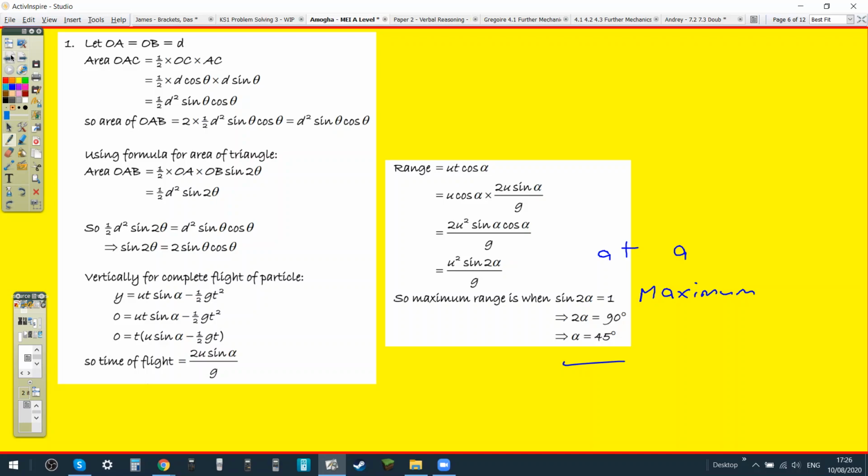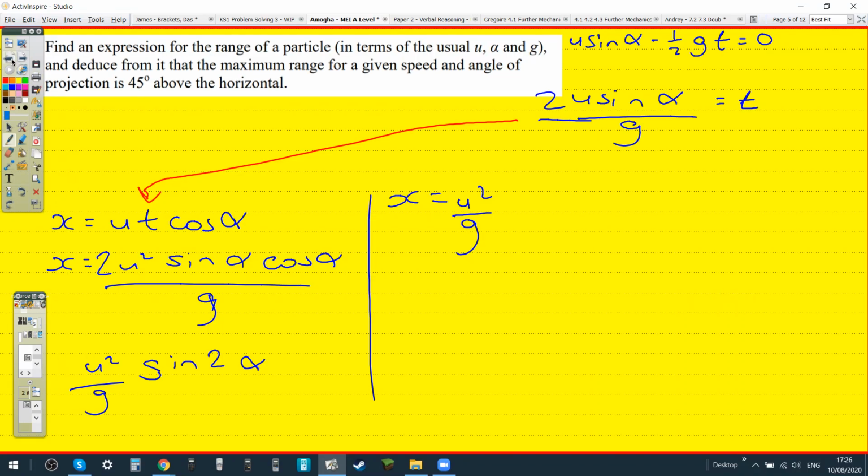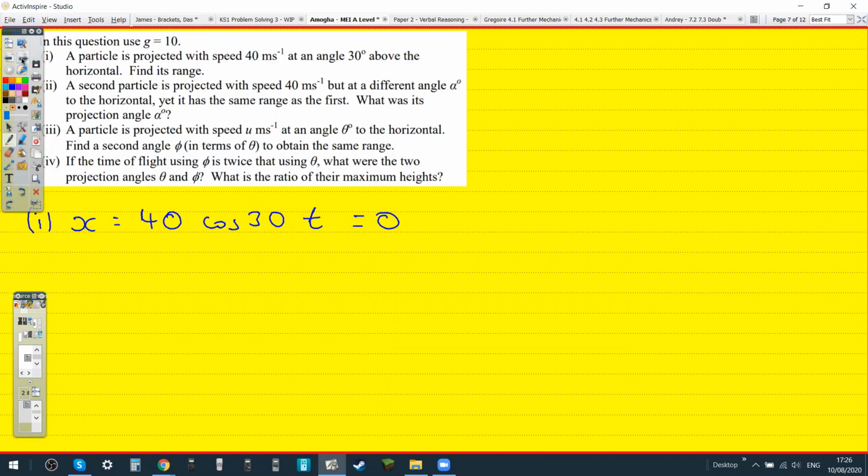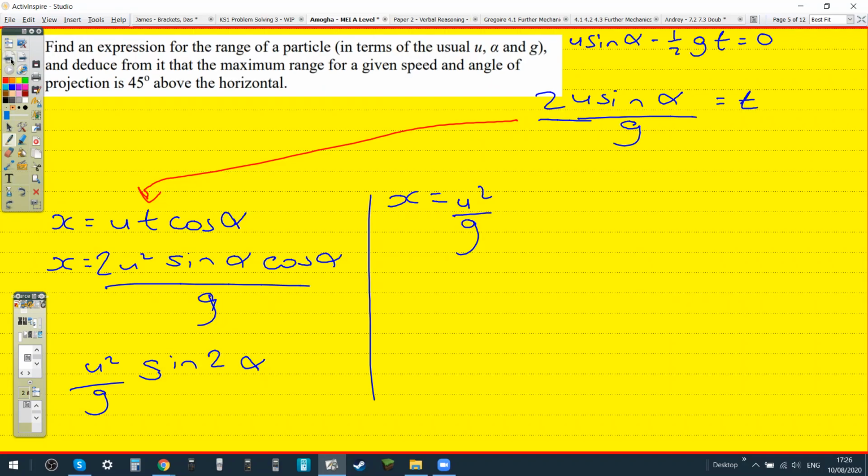I'm just thinking here. An angle of 30 degrees above the horizontal. So this is our alpha. And so if we go back, we could do something like u squared over g times sine 2 alpha to find the range.